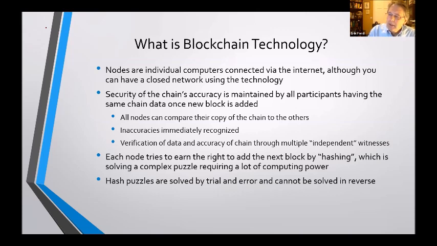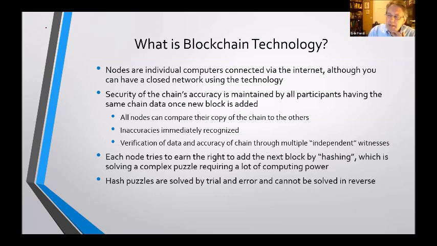And the puzzles are trial and error. You can't back into the answer. So they go with the same concept of the one-way tracking of the chain, and you have to basically go through it. That's why all the computing power is necessary to hash through the puzzle to earn the right to add the next block, because it's a super complex trial and error solution that has to be found.